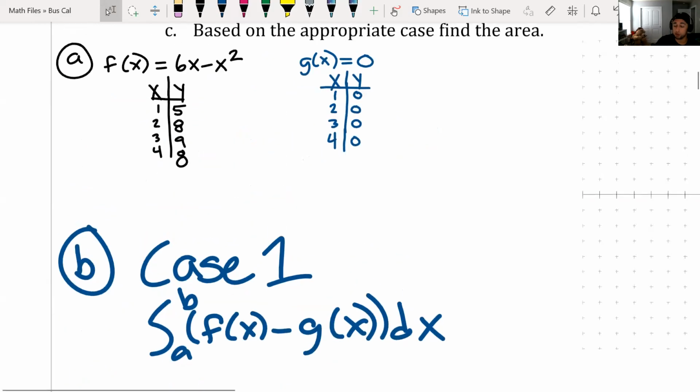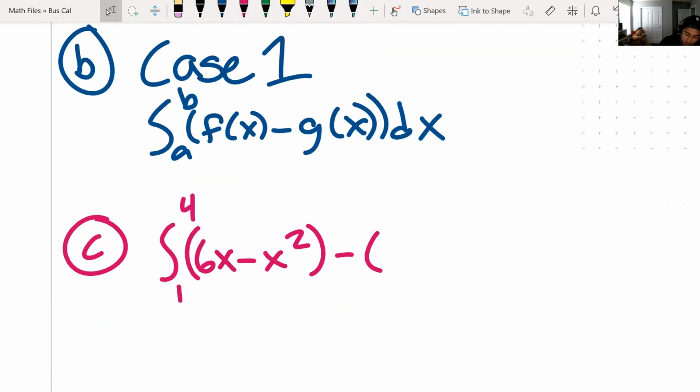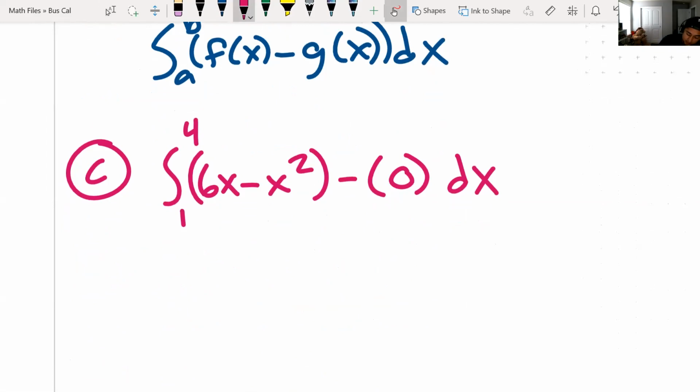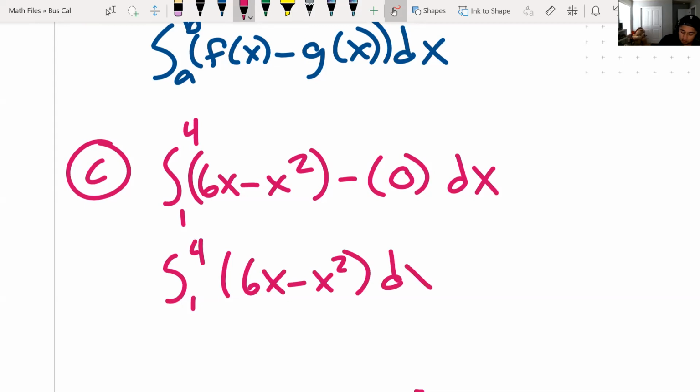G of x is 0. 6x minus x squared minus 0 dx. Okay. Well, what happens is that this becomes just the integral from 1 to 4 of 6x minus x squared dx, which means we can now move on to find the antiderivative.